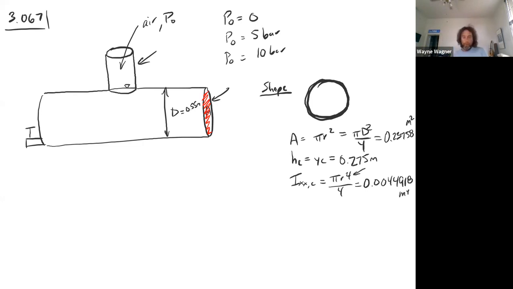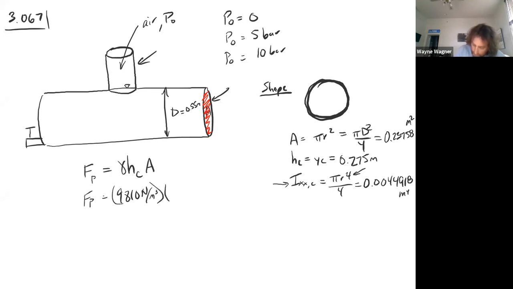So I guess none of this really matters because we really only want the force, so we don't really need this. But we could, obviously, if we wanted to. So the force of pressure on that circular thing equals gamma h_c times A. The gamma is 9810 newtons per meter cubed. h_c, that's the depth here, is 0.275 meters.